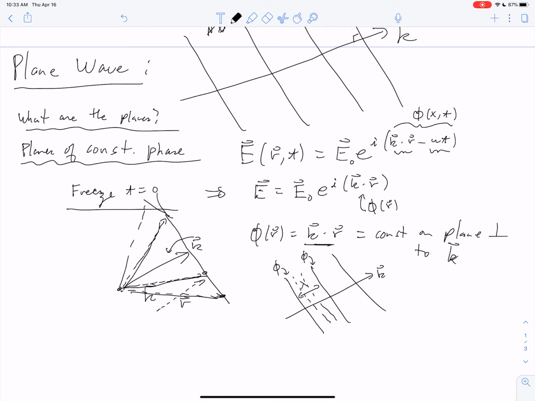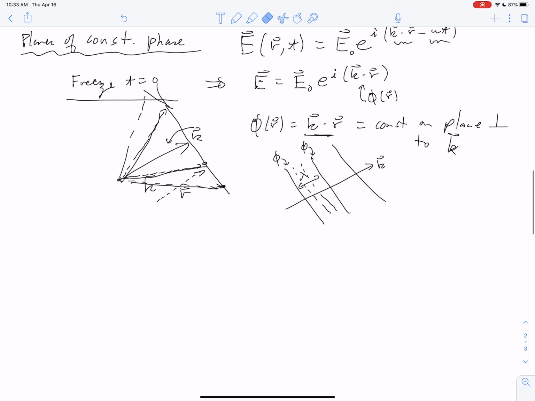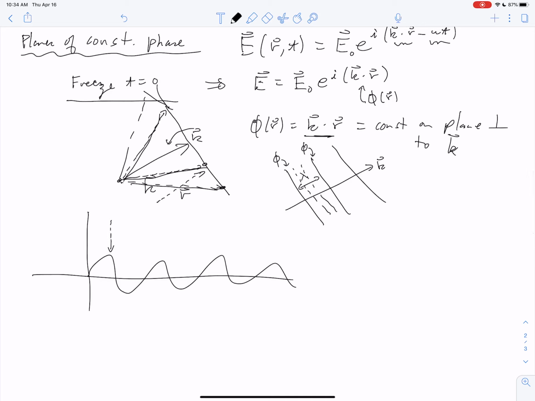But if I go to this point, then the phase is back to the same. This is usually represented in this other way, when we just plot it, and you can see that this phase is the same as this phase. But this is the three-dimensional representation of this, and that's why we call it a plane wave.